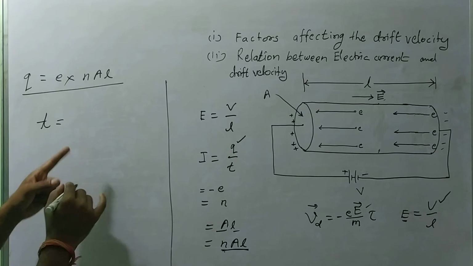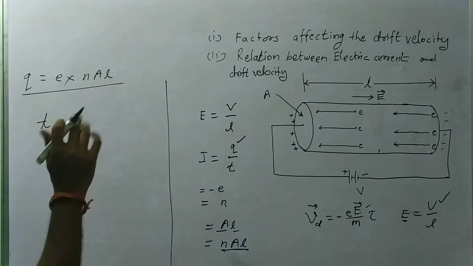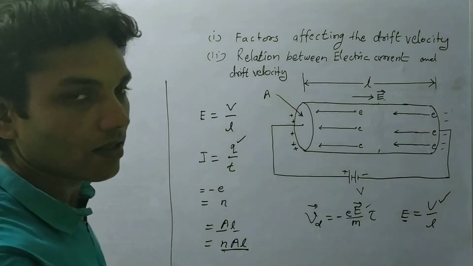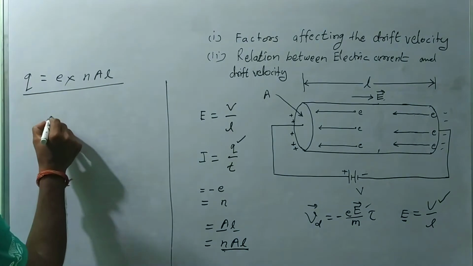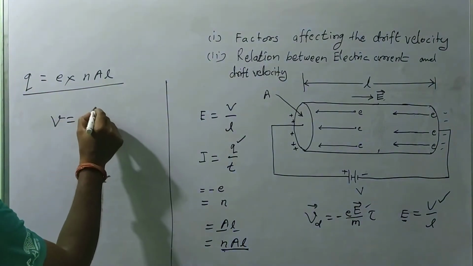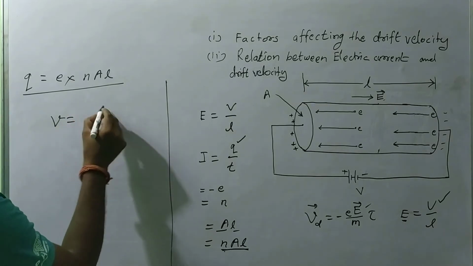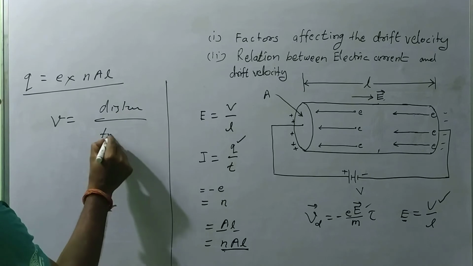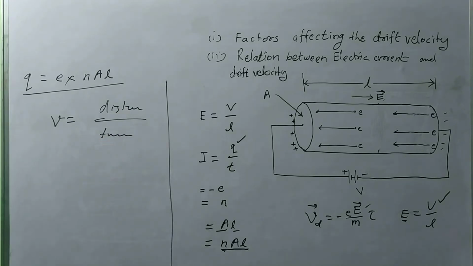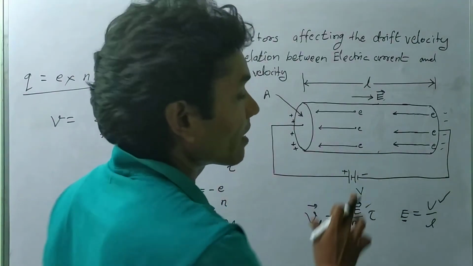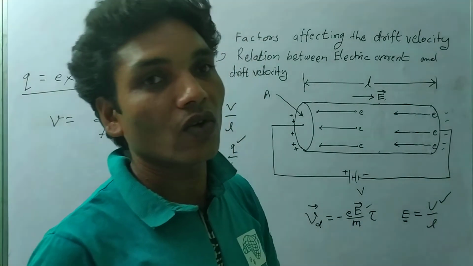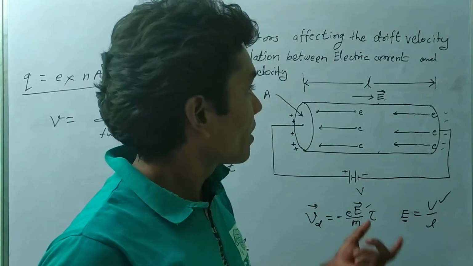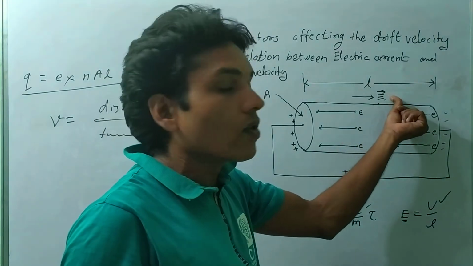You know the formula from kinematics: velocity equals distance upon time. Here the velocity is the drift velocity, because electrons are flowing under the influence of an electric field.